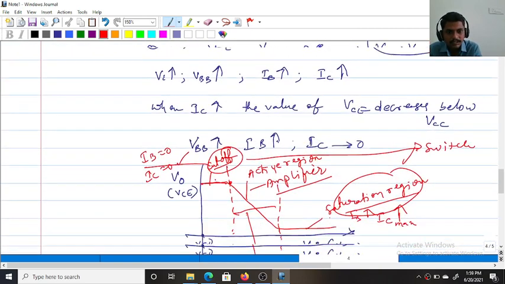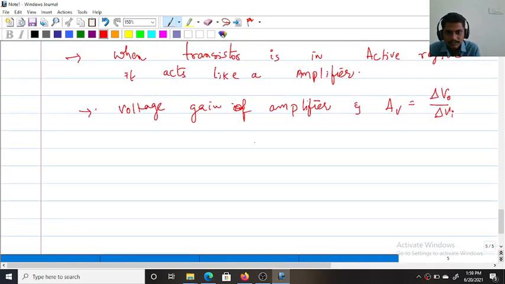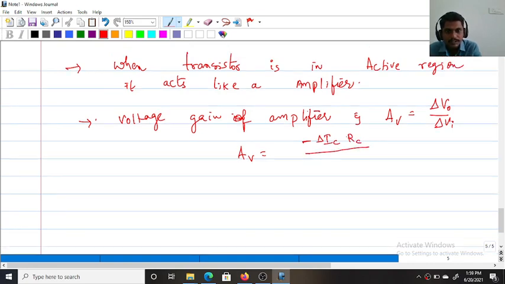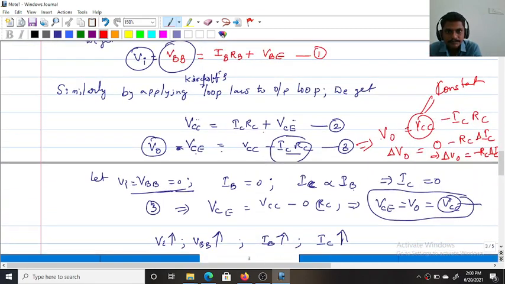Therefore, the voltage gain is minus delta IC into RC divided by the input voltage. What is the input voltage? This is the input voltage Vi, so delta Vi is equal to delta IB into RB.